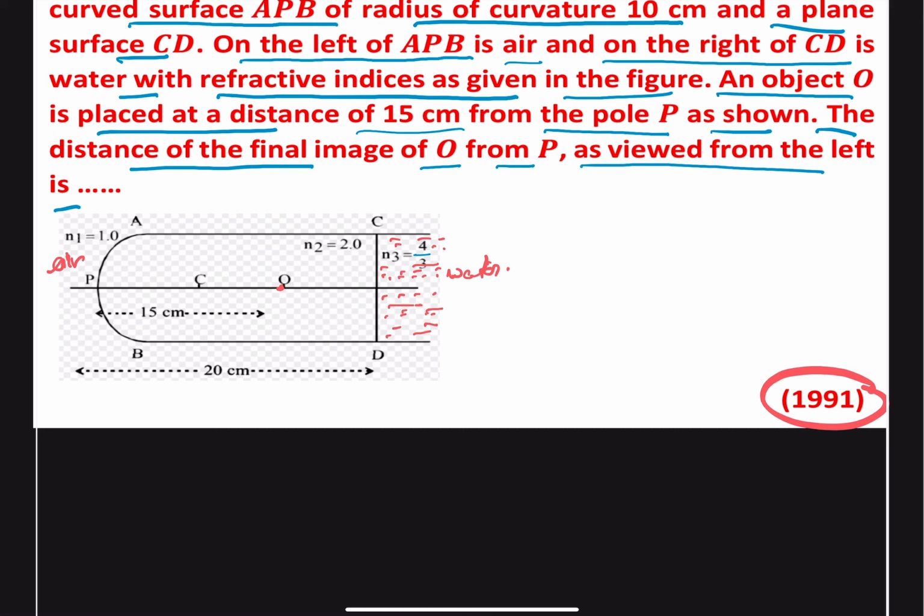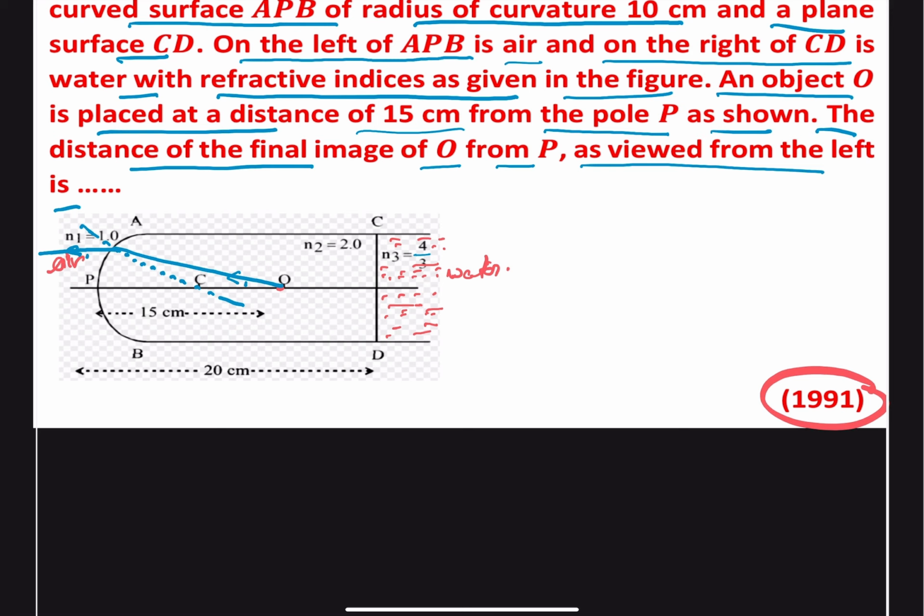So we can draw an approximated ray diagram for it. And we know for the curved surface, the normal should be going through the center of curvature, and we are going to have a ray which will be coming from the object in this direction, and it will bend something like this.